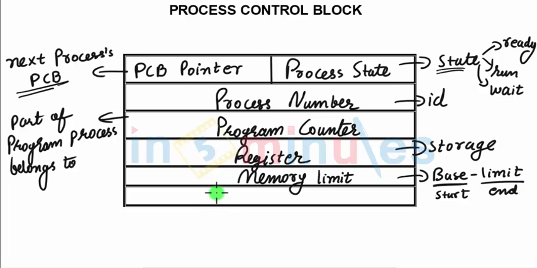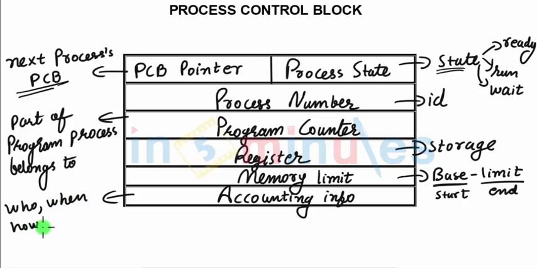The next info is accounting info. Accounting info traditionally keeps information about who and what. That means it will keep information about who accessed, when the access was made, how long the access was made for, and how much resource was used. Keeping all this information will simply help us to make better decisions.